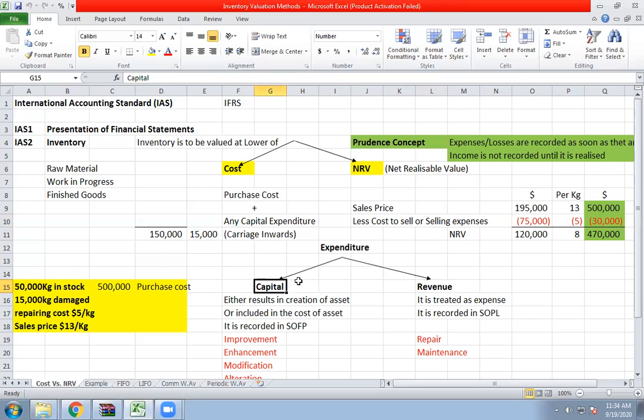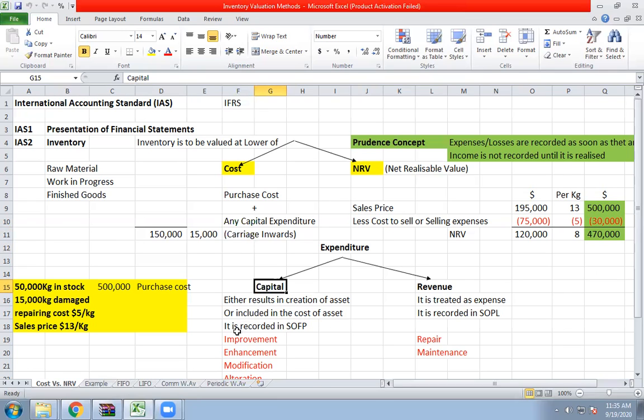The first one is the capital expenditure. Remember, capital expenditure either results in the creation of an asset or is included in the cost of assets. It means either we create an asset by spending something, or we add something into an asset. That is known as capital expenditure.